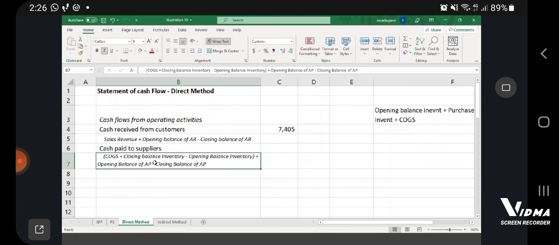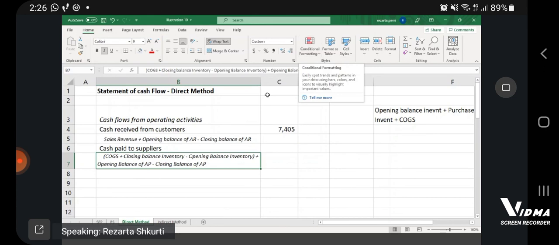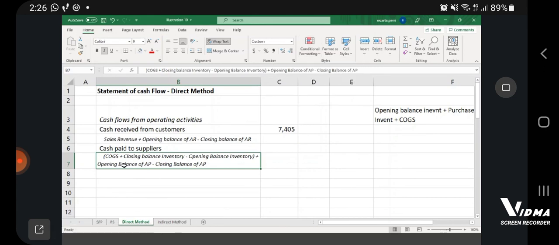So again, we start by calculating the amount of purchases of inventory, and then we add to the purchases the opening balance of trade payables, our liability to our suppliers, and then we deduct the closing balance of account payables as well. Remember, always remember that whatever is the non-monetary item or non-monetary expenses that is included in the cost of sales should be adjusted here.